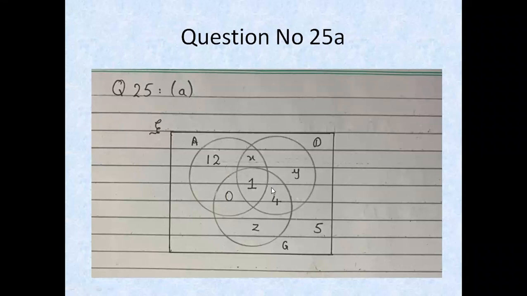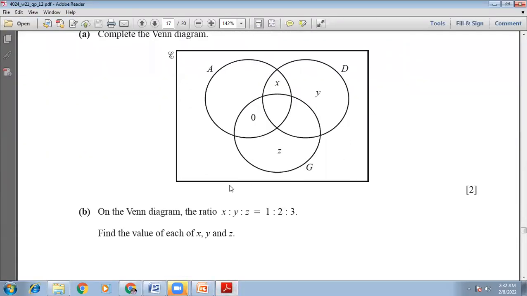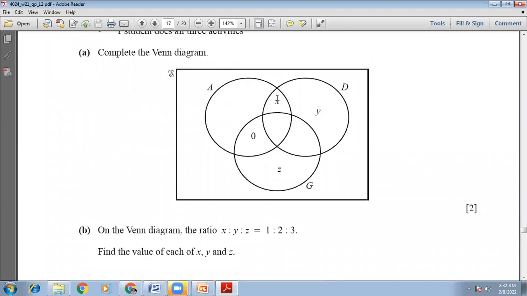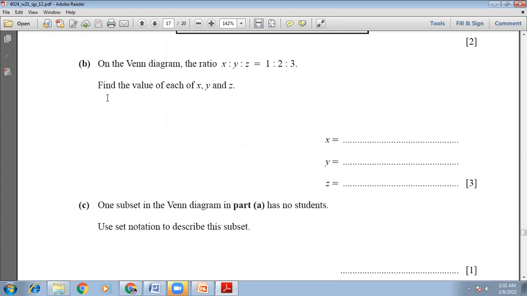So hopefully you understand how you put these numbers. Now, on the Venn diagram, the ratio X : Y : Z is 1:2:3.